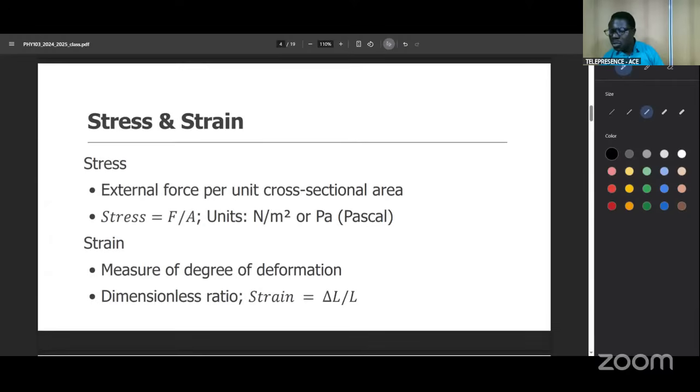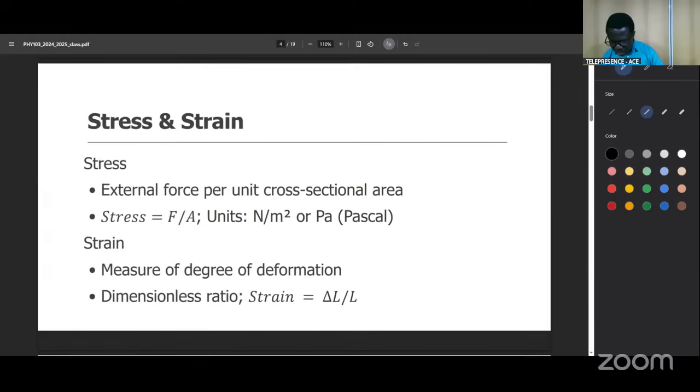I just want to know you capture the introduction I'm giving us this morning, because it is on this introduction that we are going to build. If you didn't get this basic part of the topic, you may find it difficult to flow along when we continue. So what is the strain? You already have the original length.